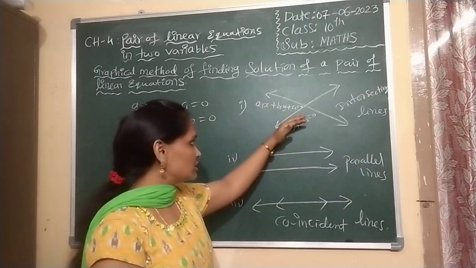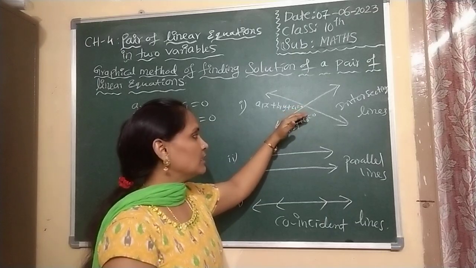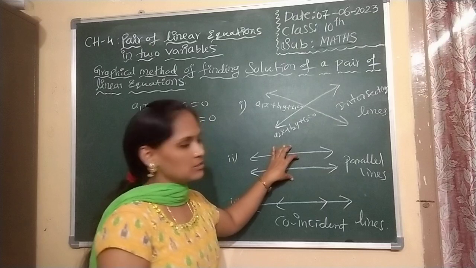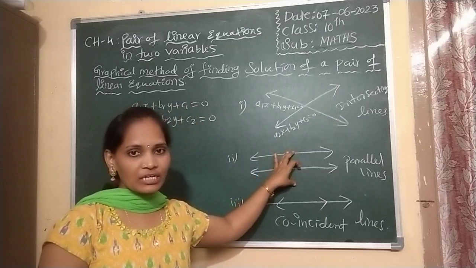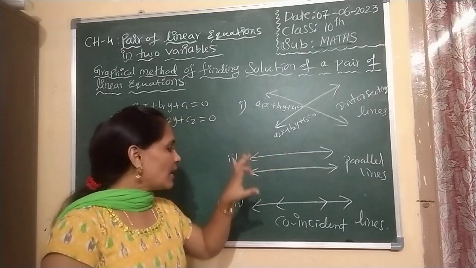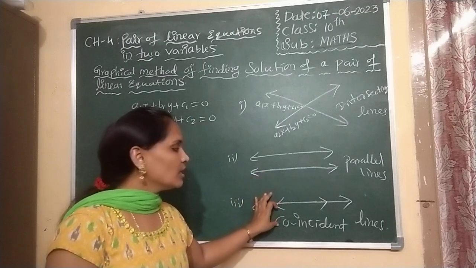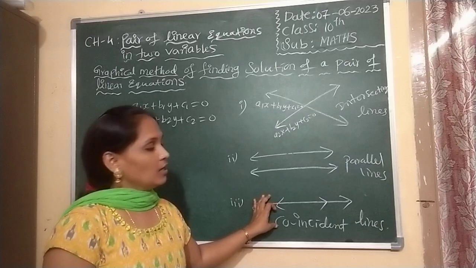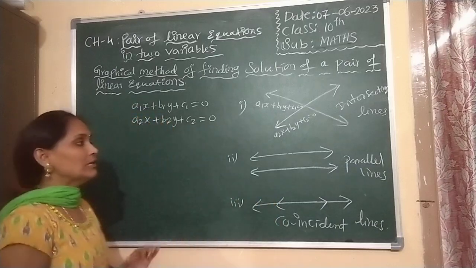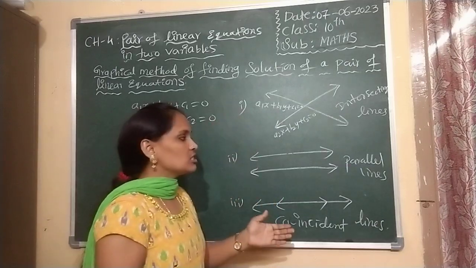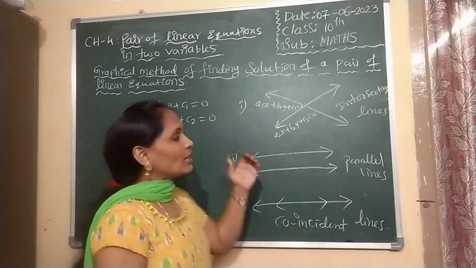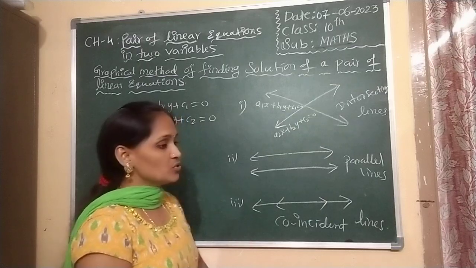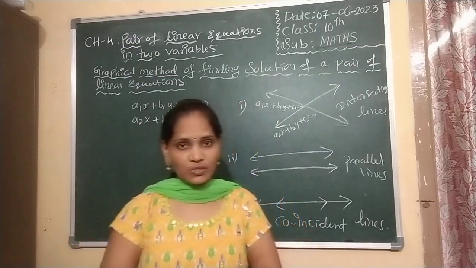How many solutions will it be? In the second situation, how many solutions will this pair of linear equations have? And in the third situation, how many solutions does that pair of linear equations have? Let us see these three situations by taking one example.